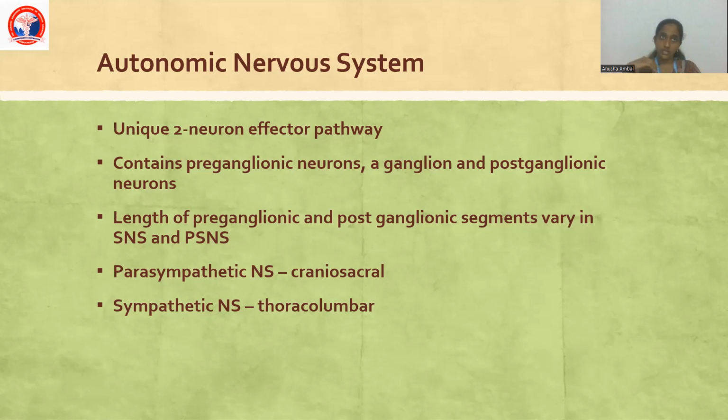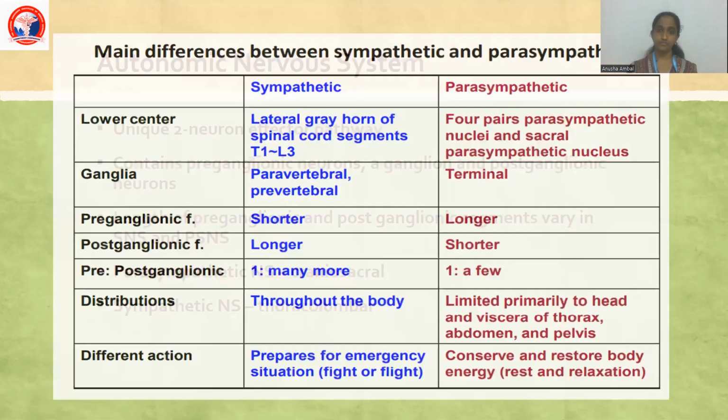So when you see the cranial nerves, the spinal nerves, everything all together, it is not that every nerve has a sympathetic and parasympathetic action. Certain nerves have only sympathetic action, certain nerves have parasympathetic action. So the craniosacral outflow will constitute the parasympathetic. The thoracolumbar outflow of nerves will constitute the sympathetic nervous system.